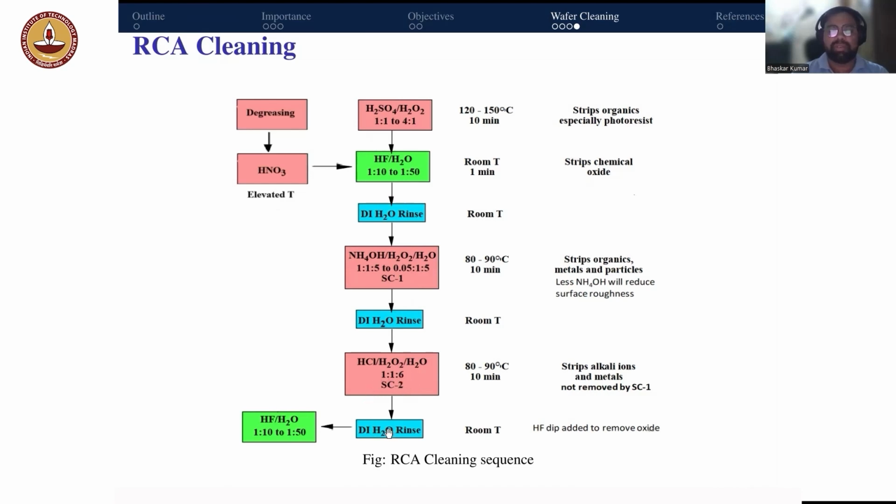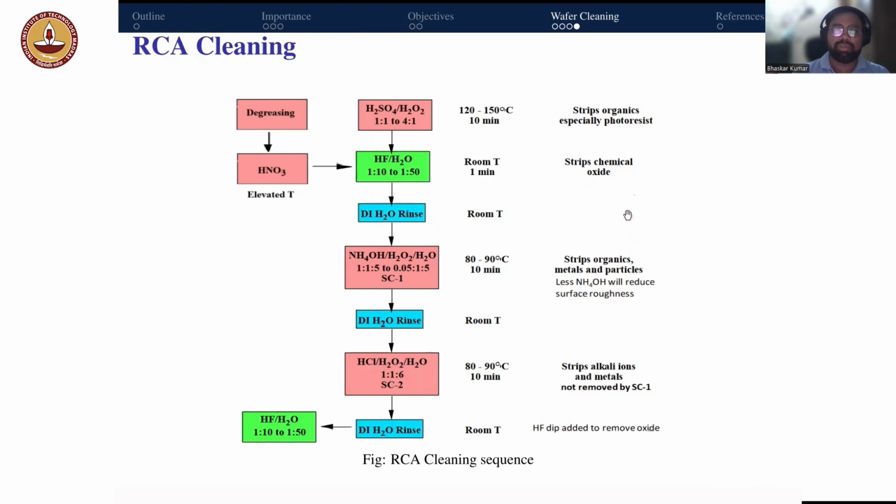But after the DI water rinse, when we treat the sample with a final dilute HF solution, the oxide layer will be stripped off and the surface will become hydrophobic. That is where we can identify that there is no oxide on the sample and the surface is visibly very clean. Okay, so that's the sequence for the standard RCA cleaning.